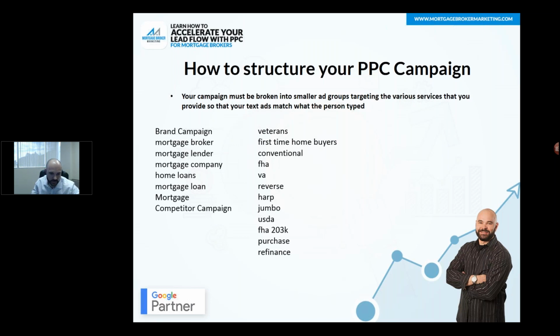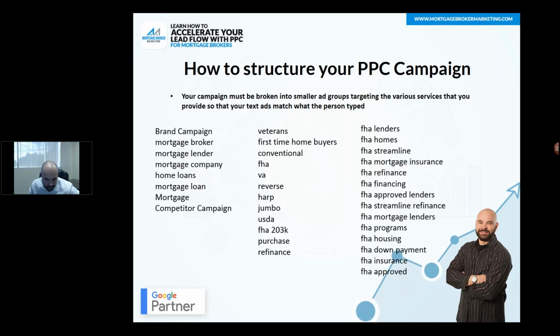These are all different campaigns or ad groups that are set up. Say we have an FHA campaign, and they have a number of keywords in that campaign. So you have ad groups and then keywords for each ad group.